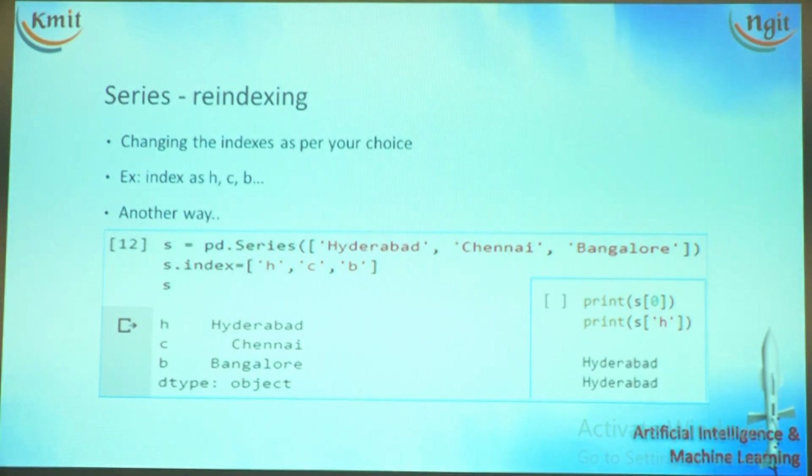Just have a look. If I want to retrieve Hyderabad out of it, I can go for the location of this series. What is the index of this Hyderabad? So what am I doing here? S of 0. So either I can go for the index or I can directly use a reference through an index name.